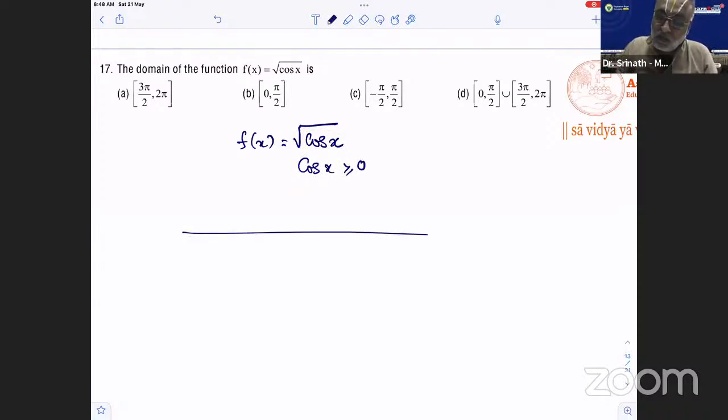Now, if you want cos x to be greater than or equal to 0, it will be in the first quadrant, or in the fourth quadrant, which is 3 pi by 2 to 2 pi. So in the first quadrant it is positive, and in the fourth quadrant it is positive.